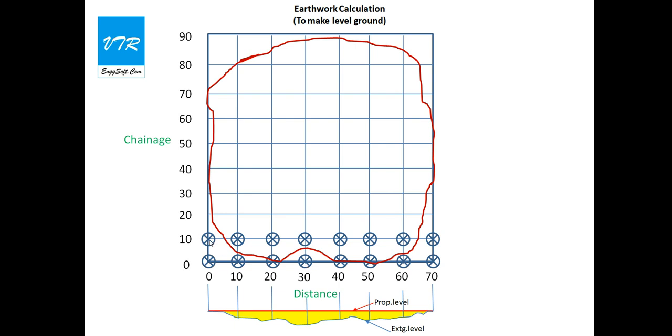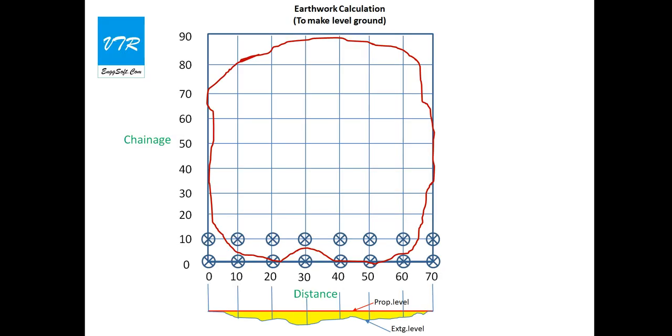Like the 10 meter section area we find, and the 20 meter cross-section area we find. Average this area, multiply by the inter distance, 10 to 20, 10 meters, and you will get the quantity of earthwork required between the two sections. So like that we are proceeding till the end in the calculation, and finally we get the total quantity. This is the concept we are using.